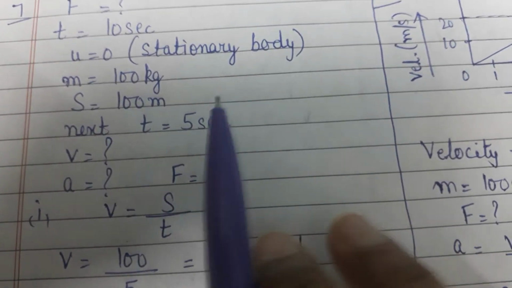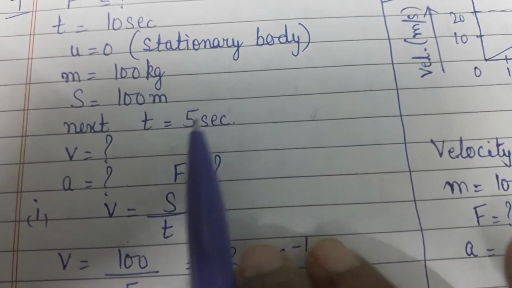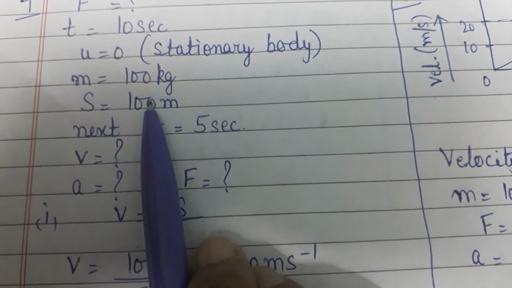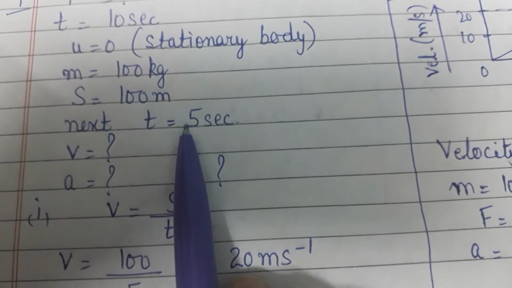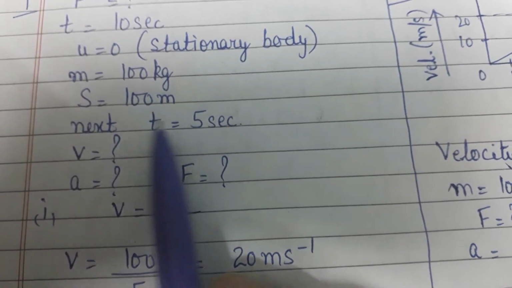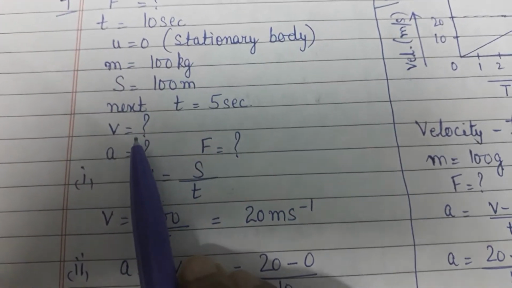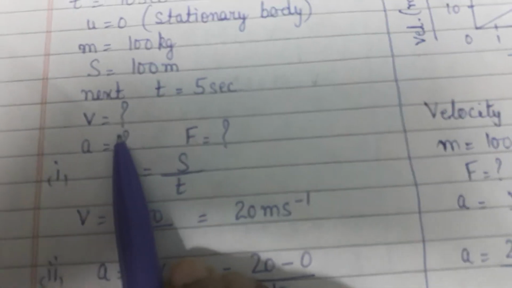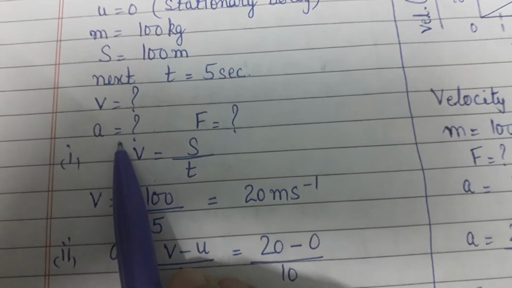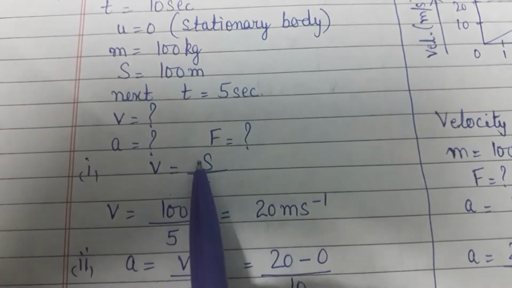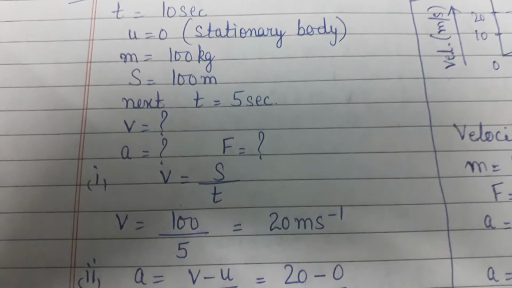It has been given in the question, and the body moves a distance of 100 meters in the next 5 seconds, right? So then we are supposed to find out the value of velocity of the body, the acceleration, and the force. These three values have to be found out in the question.